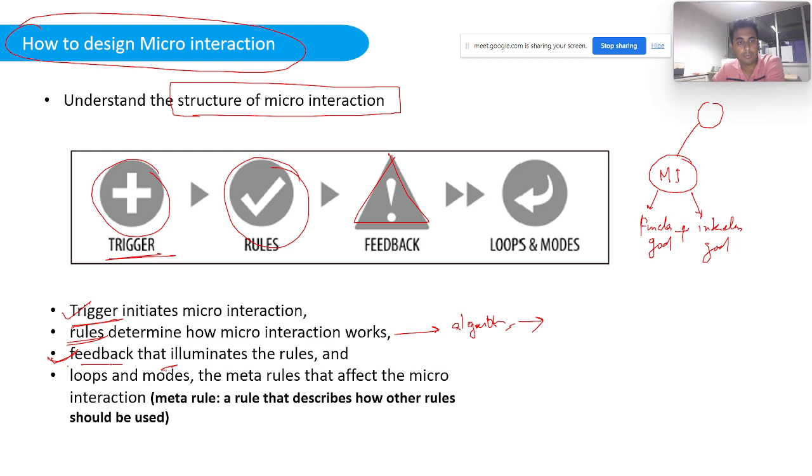Now, loops and modes are meta rules. Meta rules means the rules that describe how other rules should be used. Loop is generally used when we try to define time for a particular activity.